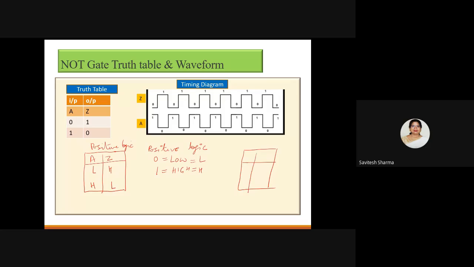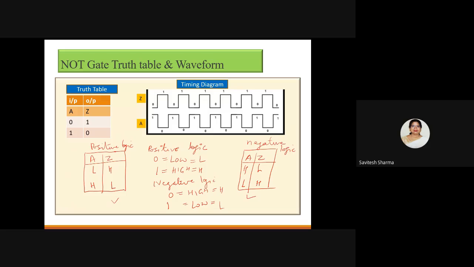In negative logic, 0 means high, which I write as H, and 1 means low, which I write as L. So I replace 0 with H and 1 with L. You see the difference in these two tables.